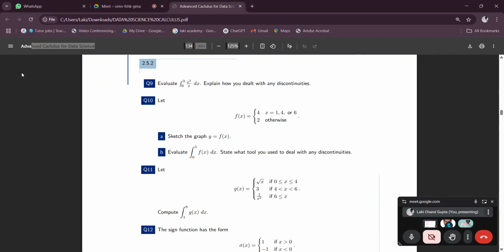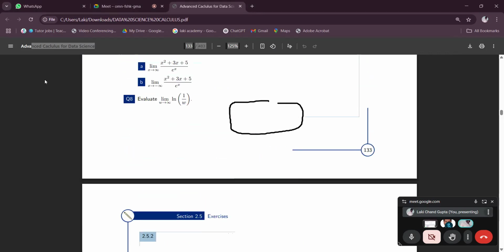Very good question. How to integrate this? We will start from question number one.